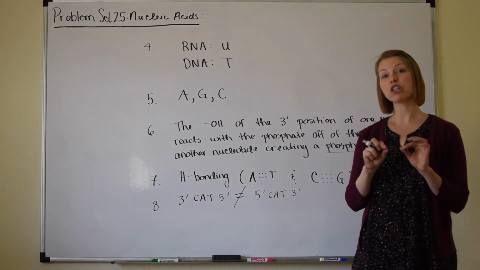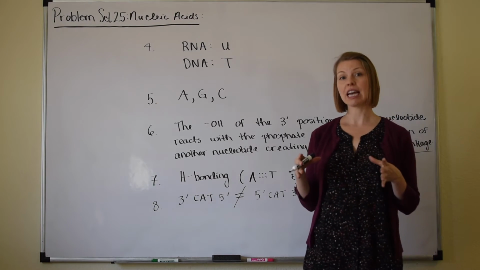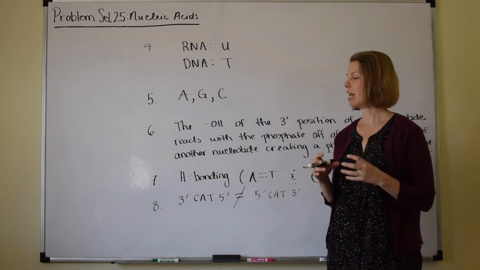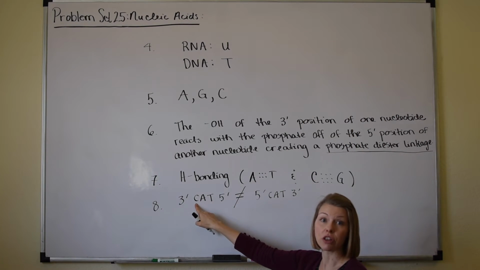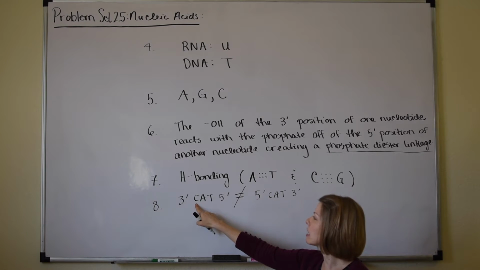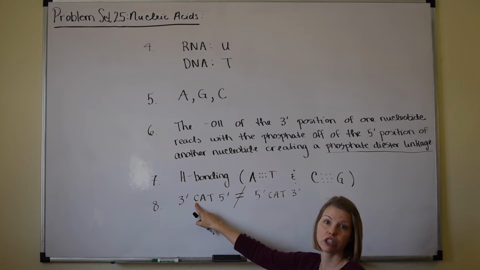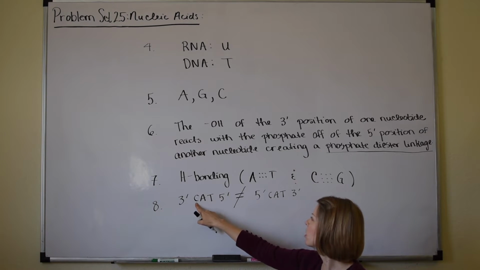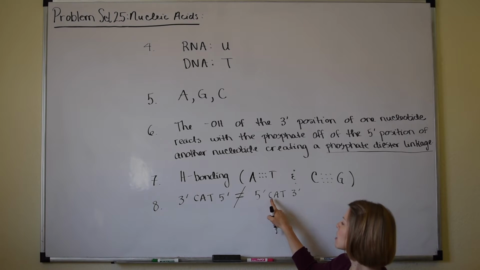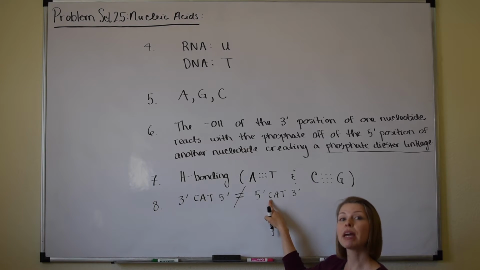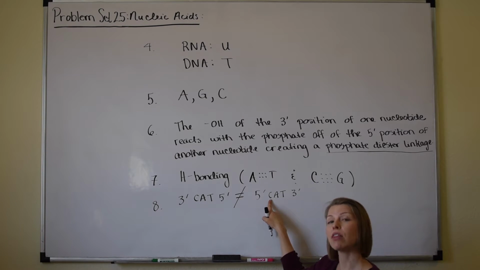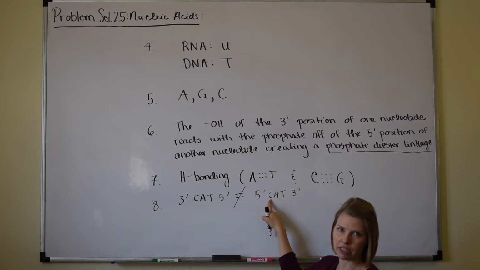Remember that the order of the nucleotides in the polynucleotide strand is important, it's significant. And we can see that the free OH, the 3' end, is going to be off of cytosine in the first polynucleotide here. In the second, the cytosine is not going to have a free OH because it's the 5' end. It's going to have a free phosphate. So although they're made up of the same 3 nucleotides, they're going to be different polynucleotides.